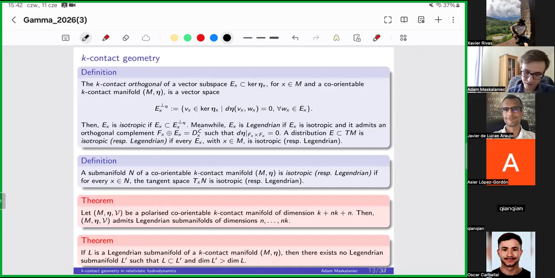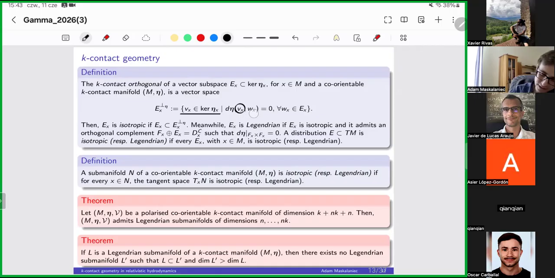So, given a vector subspace Ex in the k-contact distribution at the point x, we say that this Ex has an orthogonal complement relative to eta, that is a vector space of vectors from the k-contact distribution such that d eta evaluated on a vector from the orthogonal complement and any other vector wx from E is equal to 0.